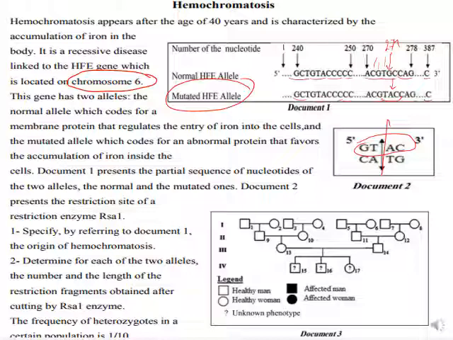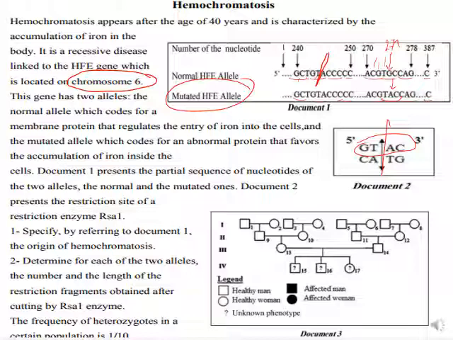When they are treated with this enzyme, the normal allele represents only one restriction site, GTAC. Here is a cut, GTAC, and we don't have another one. It is cut once, at T in position 244 and A in position 245, and this will produce two fragments.